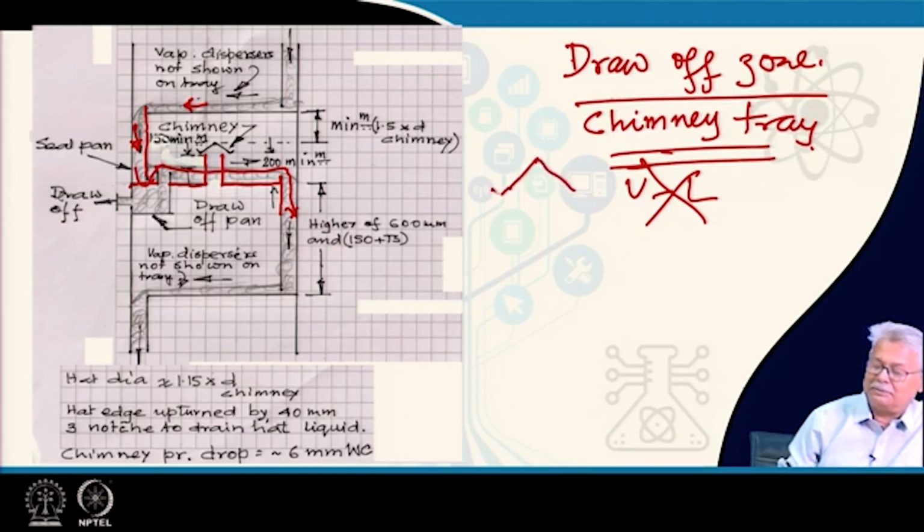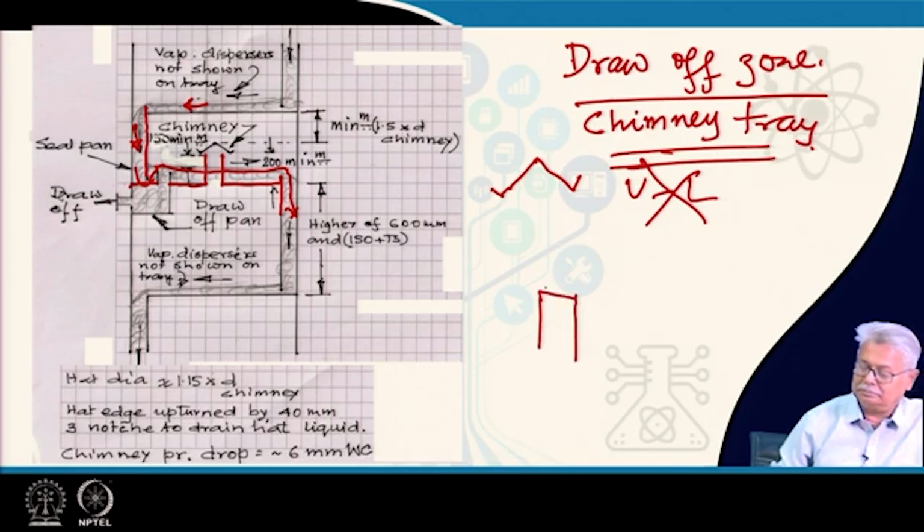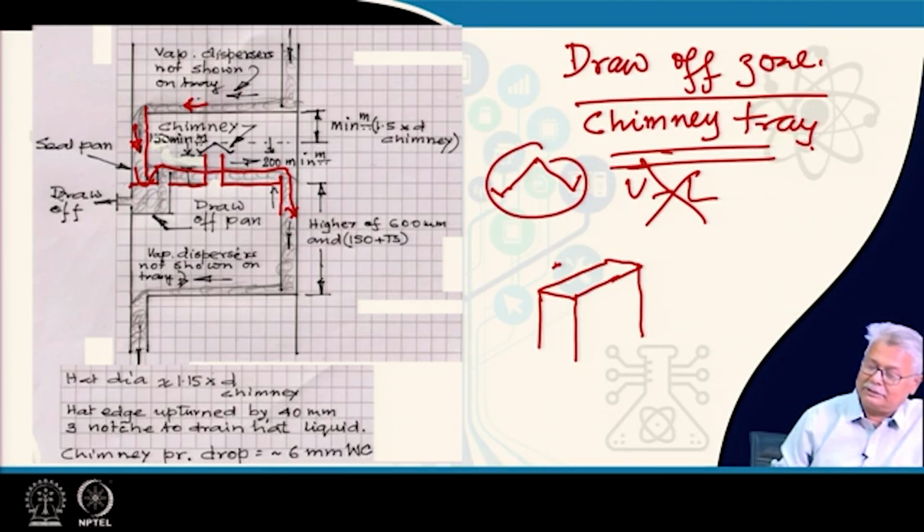It has got an upturned end also, and it is not essential that it will just be a circular chimney. This chimney could also be something like this. It could have a rectangular cross section also, on which you could have a hat which will be possibly either this type, or you can have the other type also, which is drawn in the next diagram.